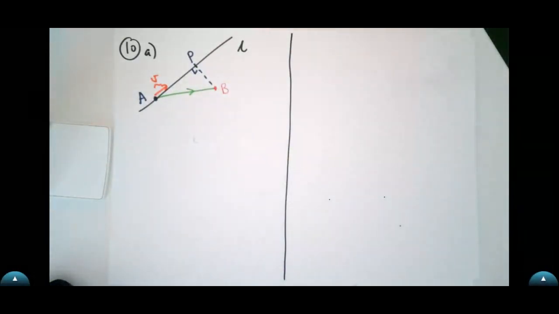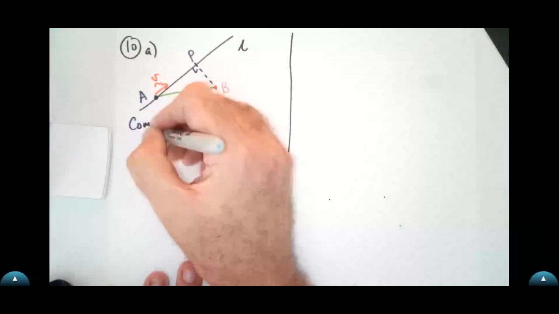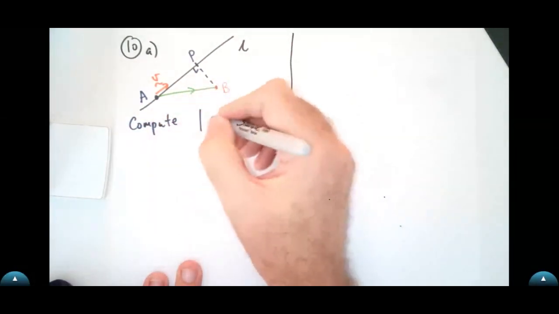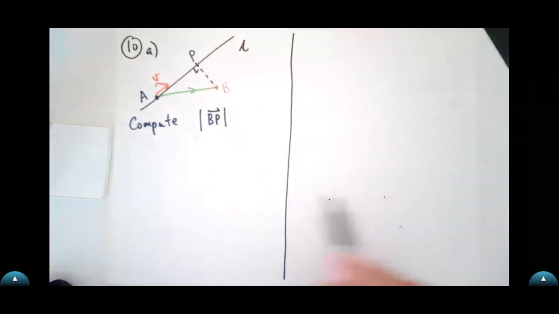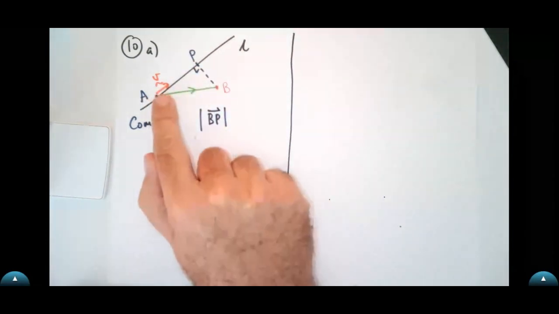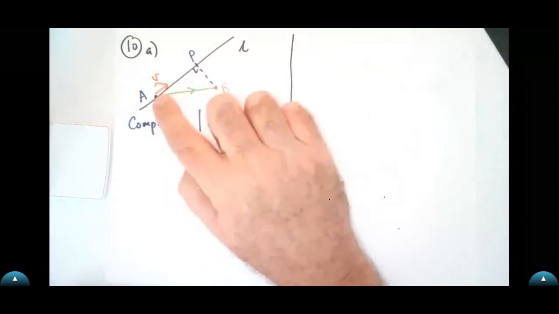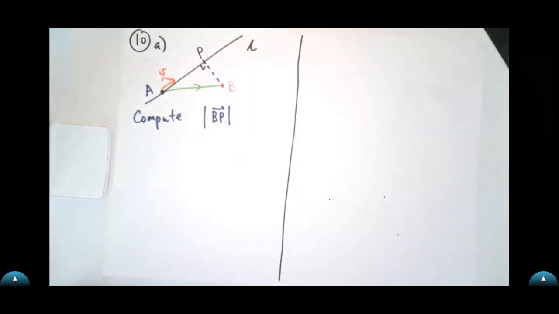The idea is you want to compute that distance there, which is just the length of the vector BP. So how do you do it? Well, it's a right-angled triangle. So if you can work out that distance, then you can work out this distance.